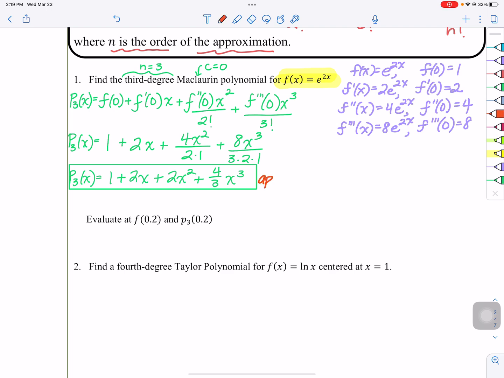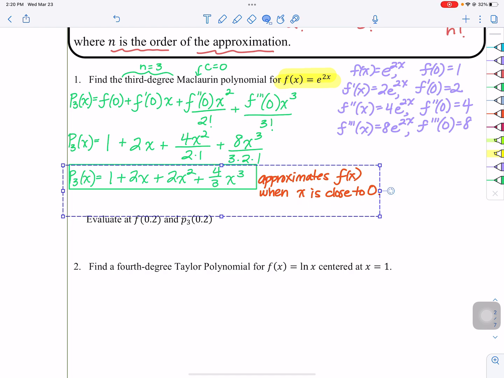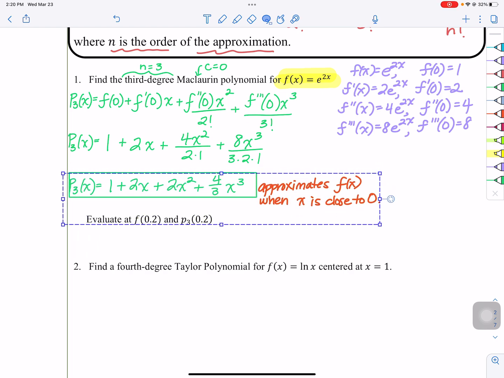This function approximates f of x when x is close to 0. And you'll see here in our example below that the values they ask us to use for the approximation are close to 0. As you can see, 0.2 and 0.2.